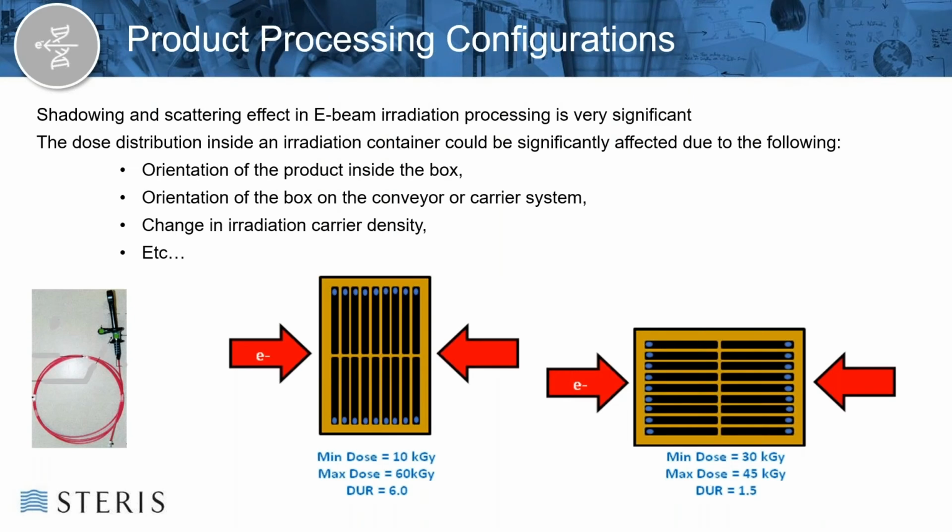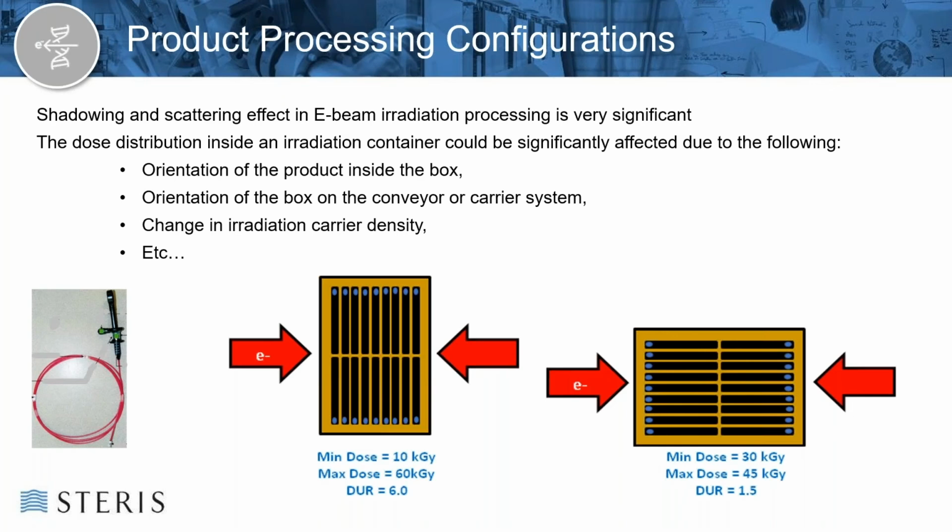Shadowing and scattering effects in E-beam radiation can be very significant. Dose distribution inside the container would be significantly affected by the orientation of the product in the box, orientation of the box in the conveyor or carrier system, and change in the carrier density. You can see two possible radiation configurations for, very simply here, a set of product units within a carton, irradiated from two sides.